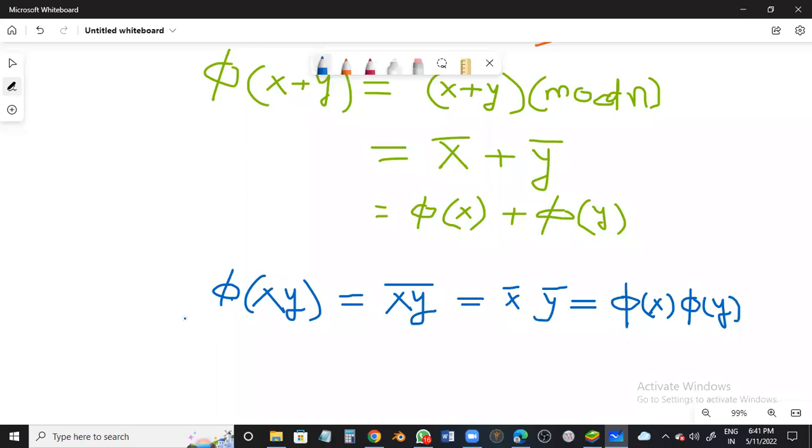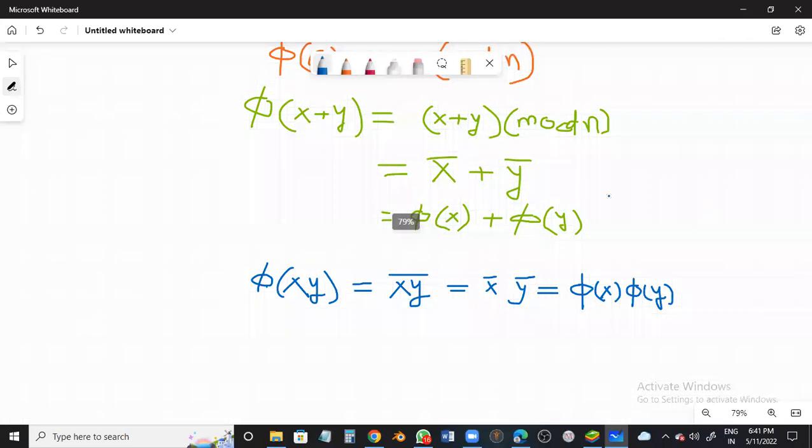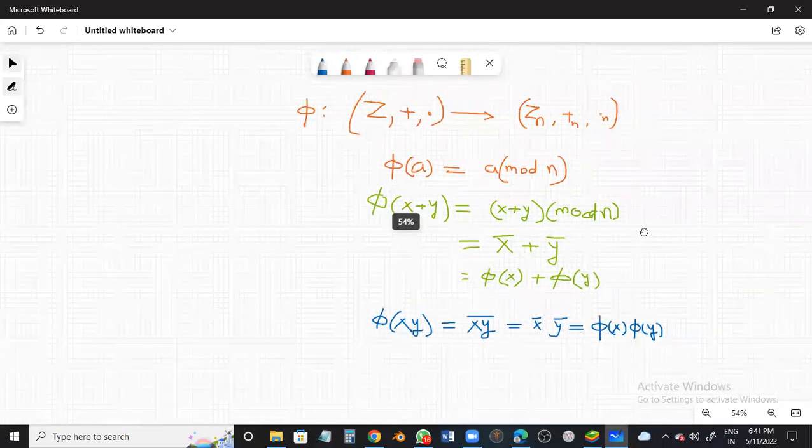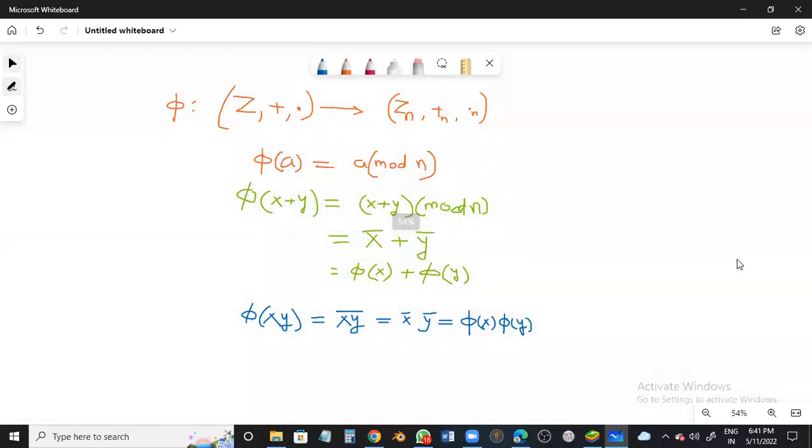So what we can say is phi preserves multiplication also. This particular example is the best example of a ring homomorphism. You can take this down as: show that phi from Z to Zn defined by phi of A equal to the remainder when A is divided by n is a ring homomorphism.